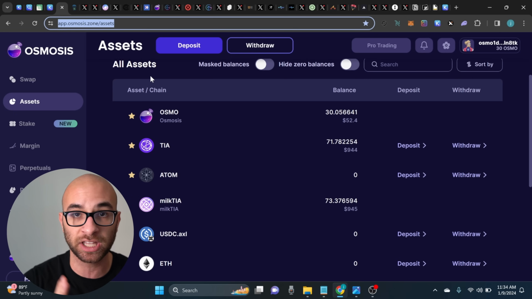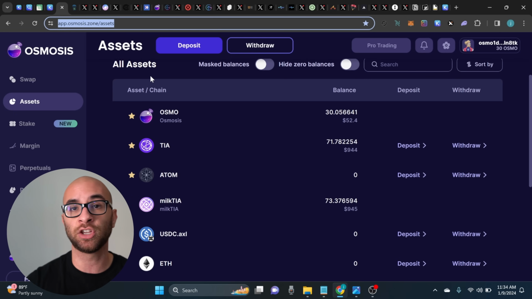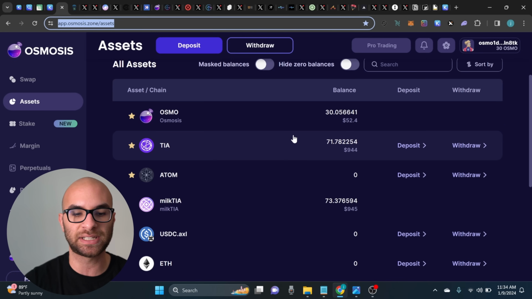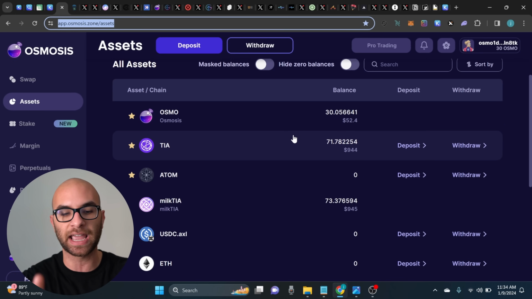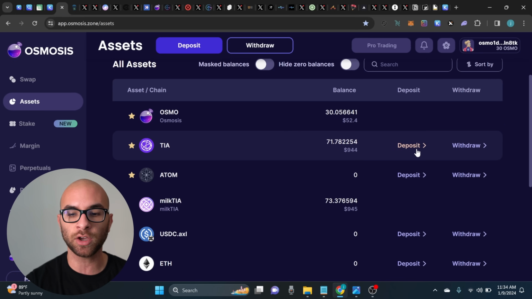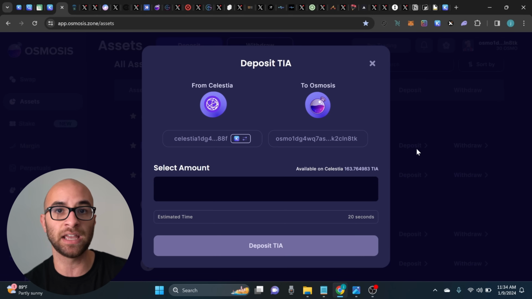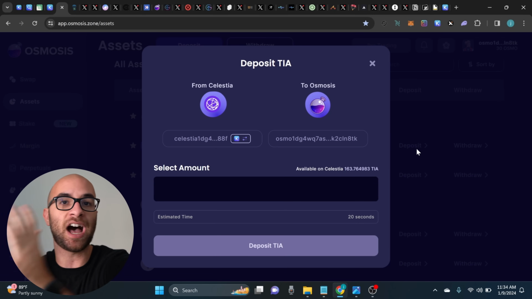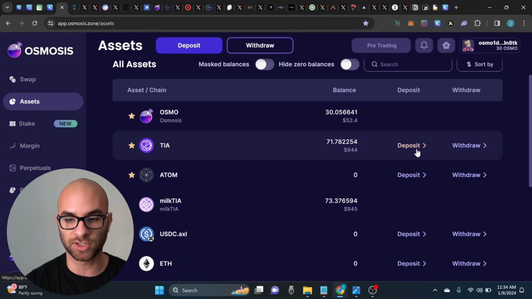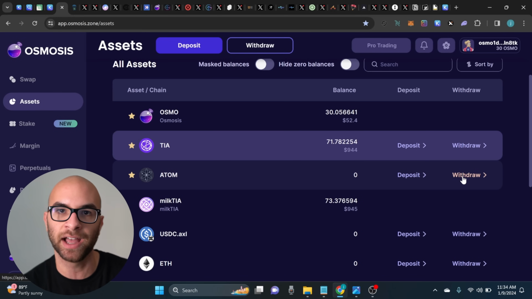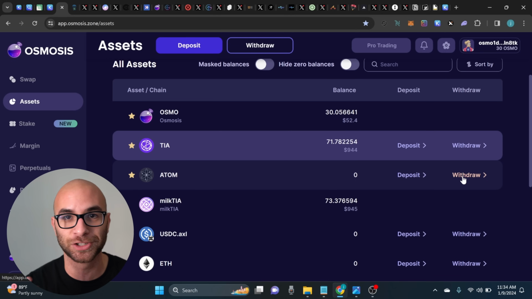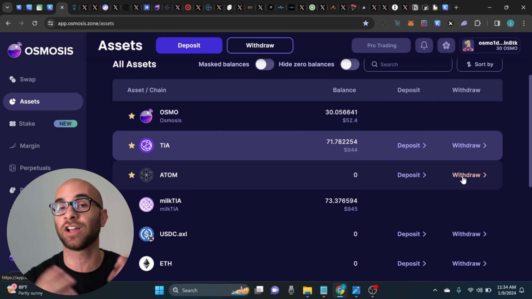And you can do this on the Osmosis website, where you can go to the assets, and you can notice here, guys, that this 71 TIA that I have here is on the Osmosis ecosystem, but I can actually deposit from Celestia over to Osmosis more of these TIA tokens. I can also withdraw that, and you can do that with all of the other tokens that are in this IBC or Cosmos ecosystem. And this is one of the metrics some of these airdrops are looking for when it comes to finding active users for their airdrop.